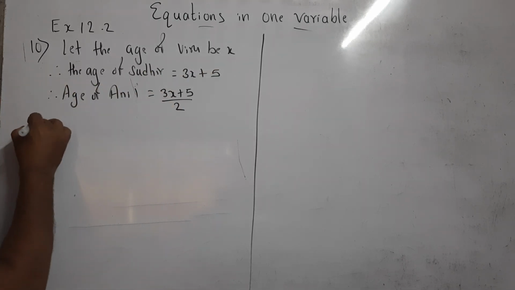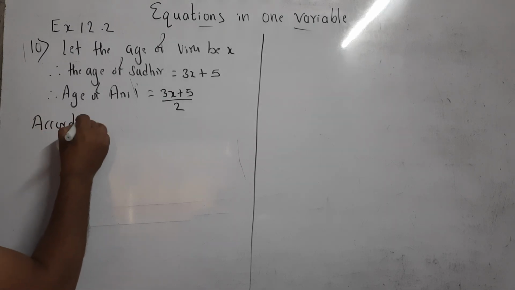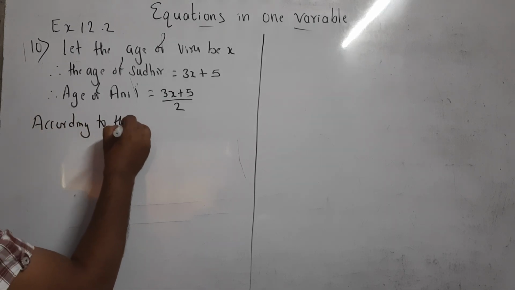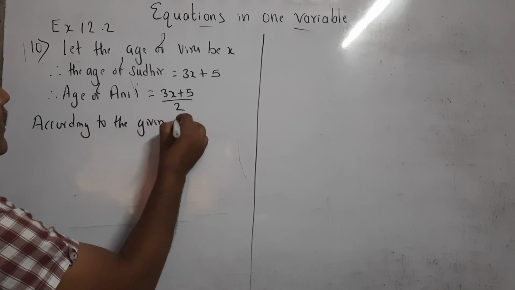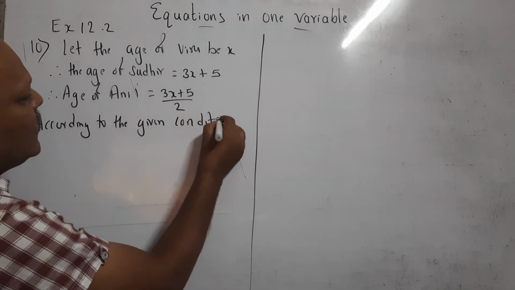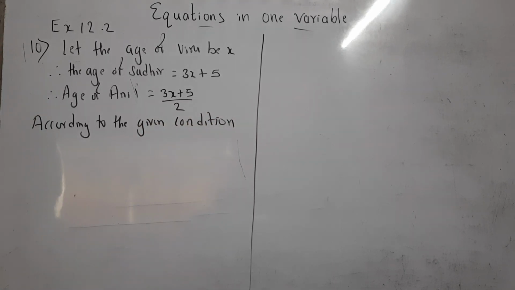नाउ अकॉर्डिंग टू गिवन कंडीशन, according to the given condition, what the condition is given to you? Once again I repeat, what is the condition given here?